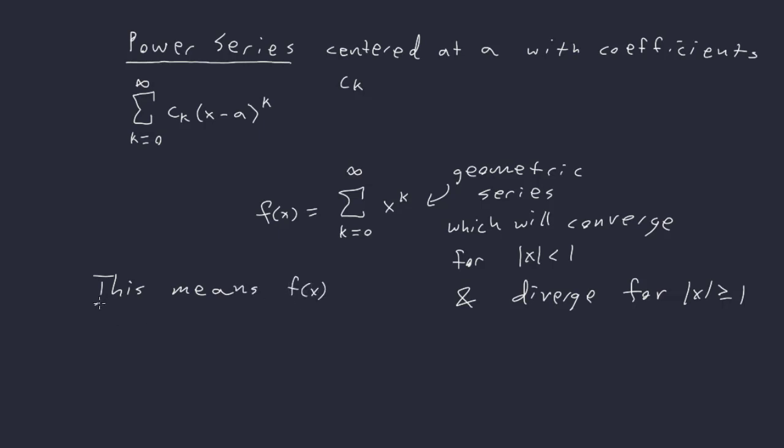Okay, so when the absolute value of x is strictly less than 1, this means f of x converges on the interval -1 to 1, because absolute value of x less than 1 means that x is trapped between -1 and 1. So it's on the open interval -1 to 1.